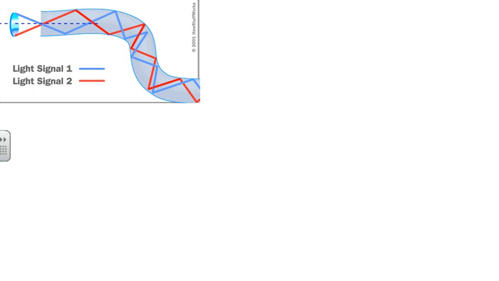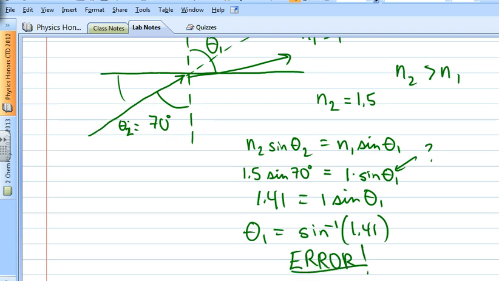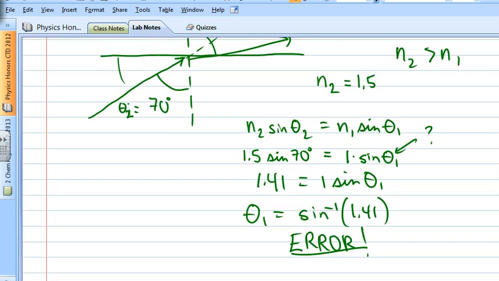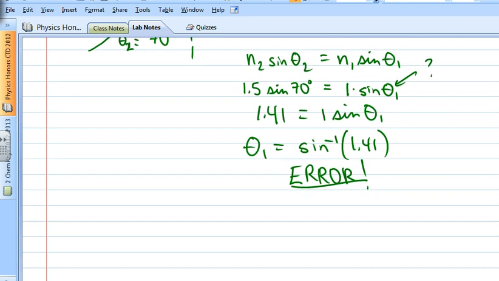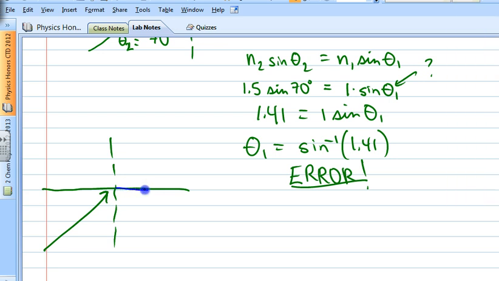And it turns out that we can calculate the critical angle. So basically, remember that we talked about a so-called critical angle where the refracted ray would basically travel along the surface.